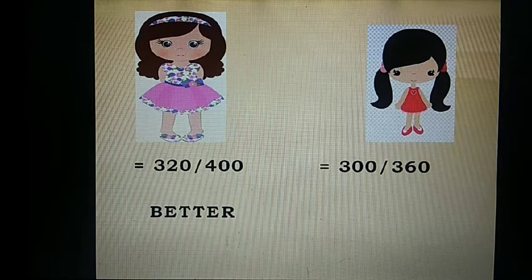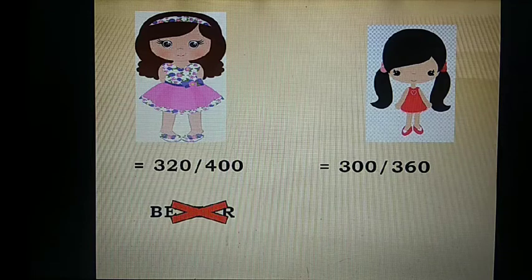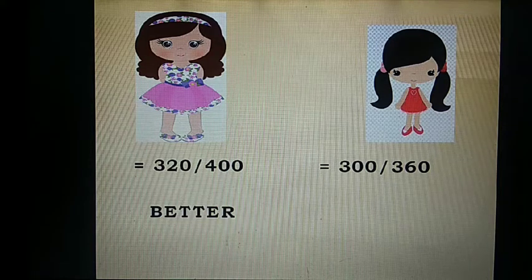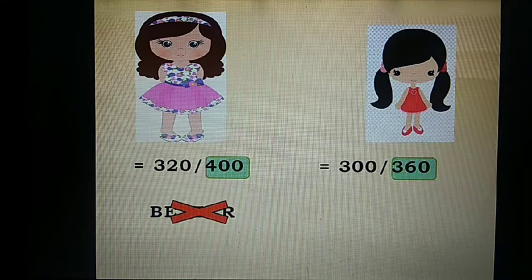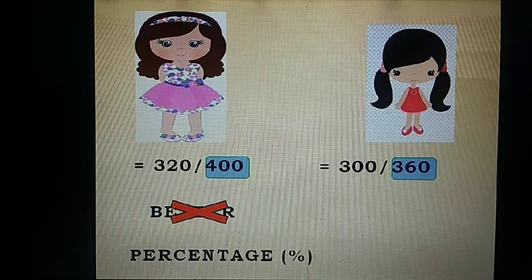So we cannot say that Anita's result is better, as the maximum marks is not the same. So to compare them, there is another way of comparing quantities, which is percentage.